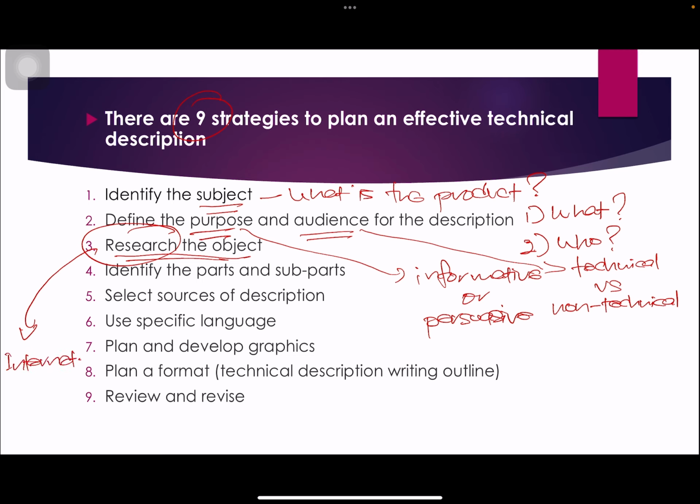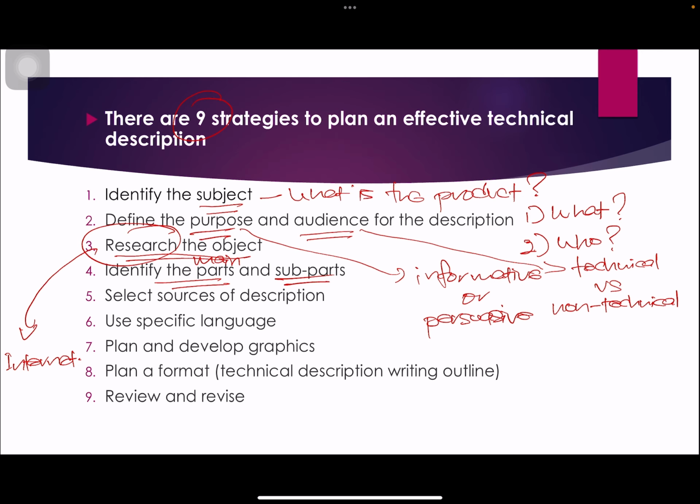After that, strategy number 4, identify the main parts and the subparts of the product. Sometimes you can find the main parts of the product but it does not have any subparts. Shouldn't be a problem. But when it comes to a product, of course you are going to have the main parts, so subparts here will be optional.